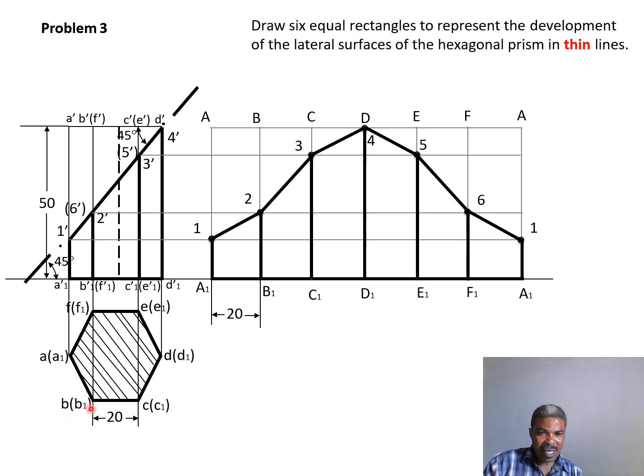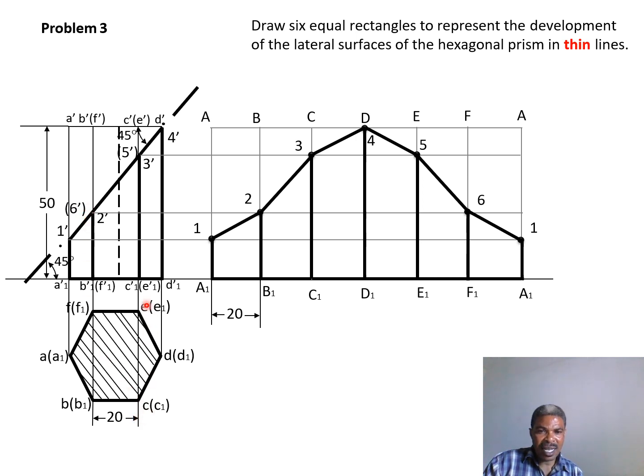From B and B dash, you can see B and B dash, the line projected to the truncation line forms 6 dash and 2 dash. So at this point there are two numbers: 2 dash and 6 dash. You can see here.